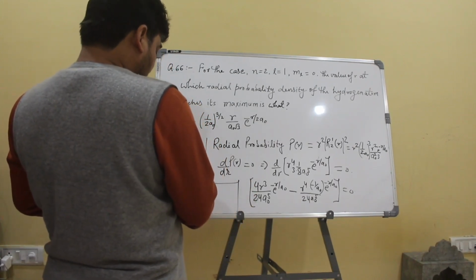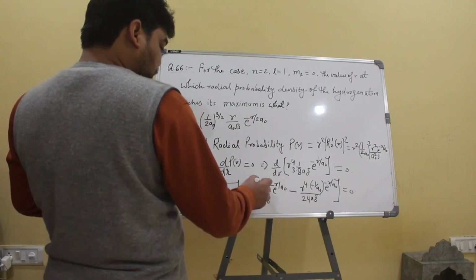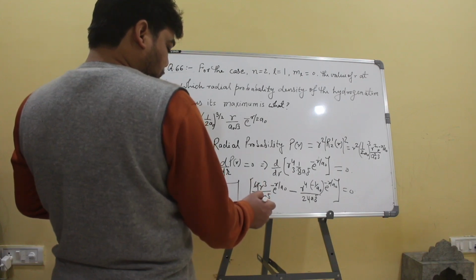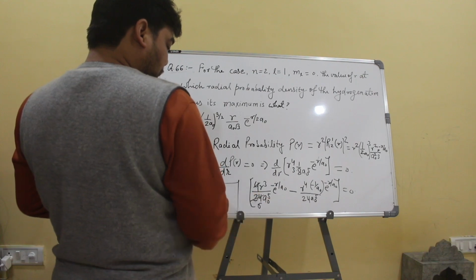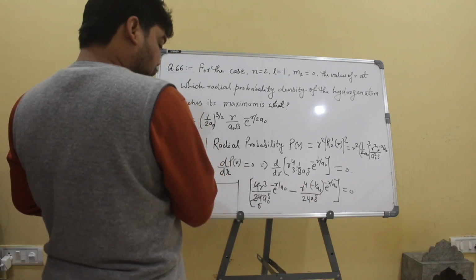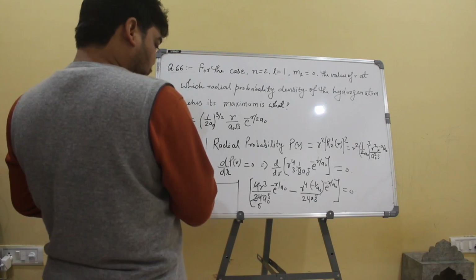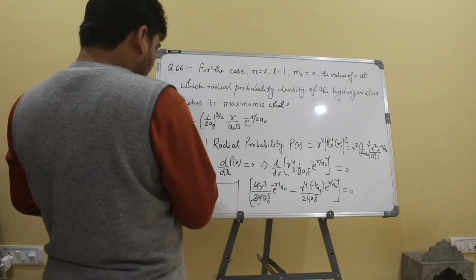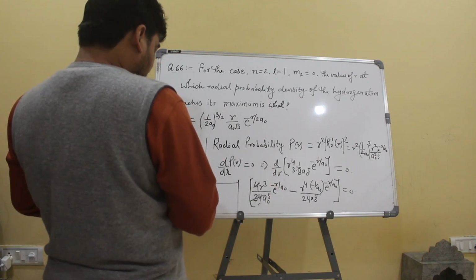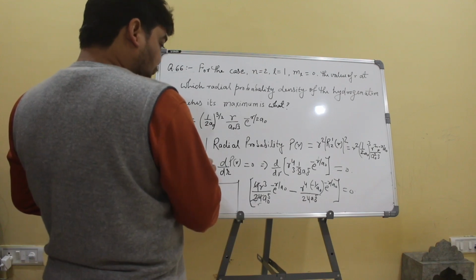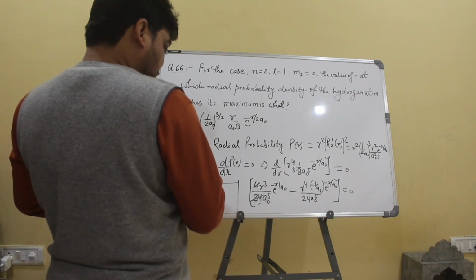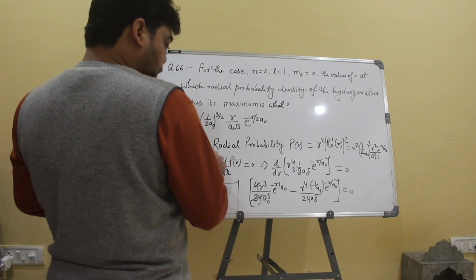You take r cube common and divide it. You take 1 upon 24 a0 to the power 5 common, and then this term r cube common, giving you 4 and e to the power minus r by a0. 4 minus r, so it is plus r by a0, equals 0.